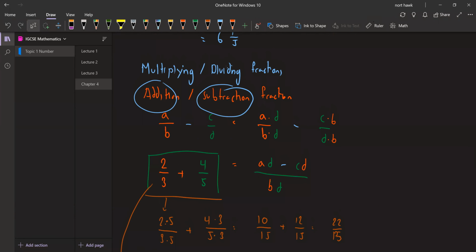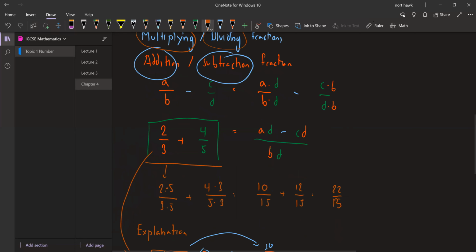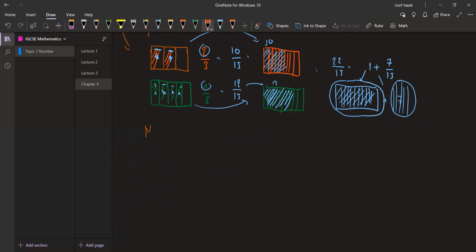Now for multiplication and division. Multiplication. Let's say I have A over B and it's multiplied by C over D. You essentially multiply the numerator with the numerator and the denominator with the other denominator. A times C over B times D, right? You can write it as AC over BD.